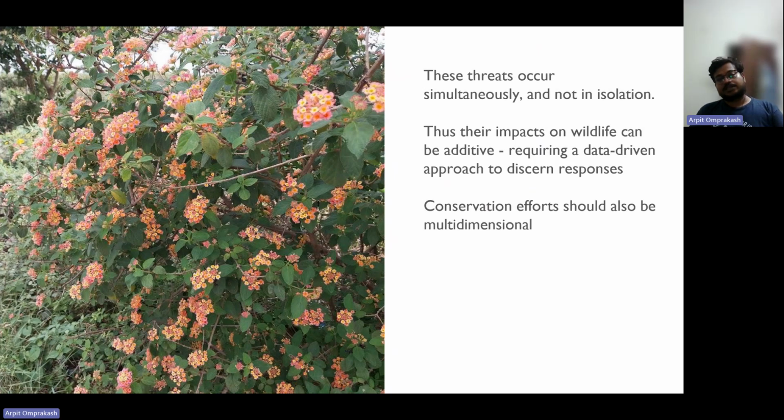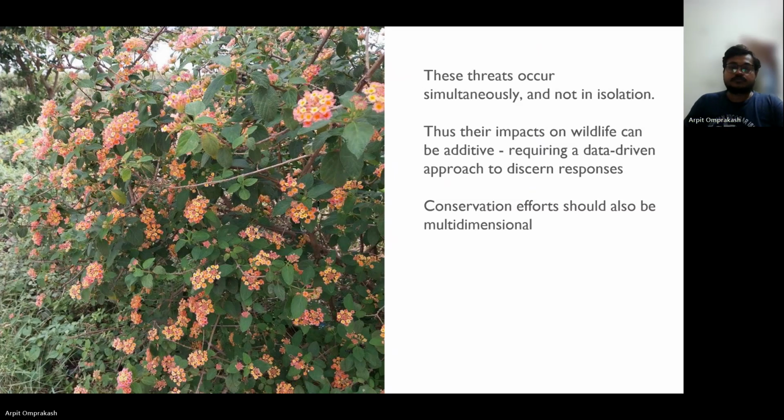They can occur at the same time, and because of that, their impacts on wildlife might be very additive. For example, a tiger might be involved in human-animal conflict on some boundary area, but when it's going inside the forest, there might be a high amount of lantana and it's unable to move freely in that area or look for food.